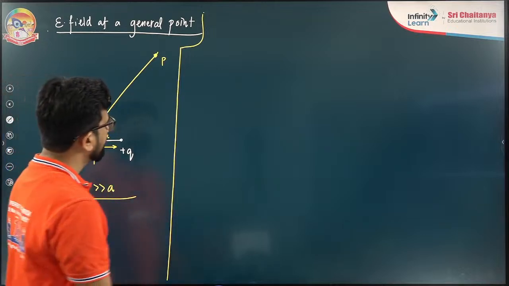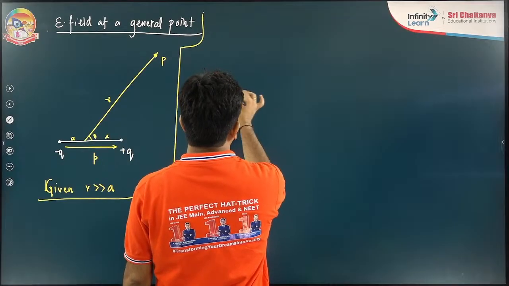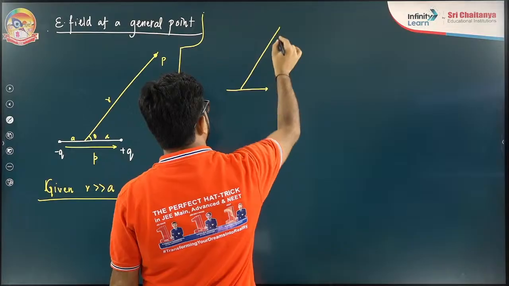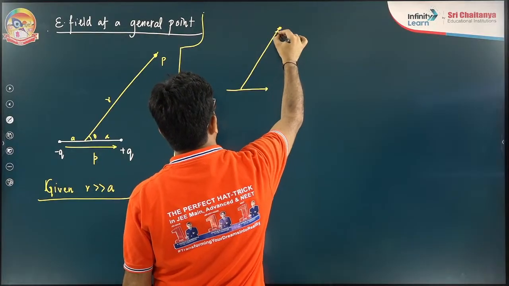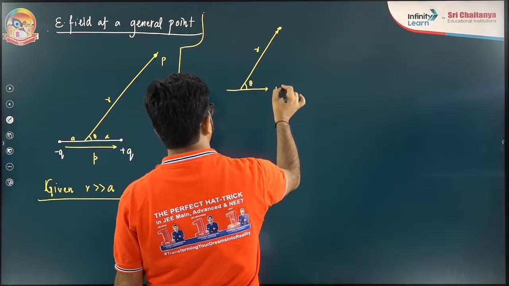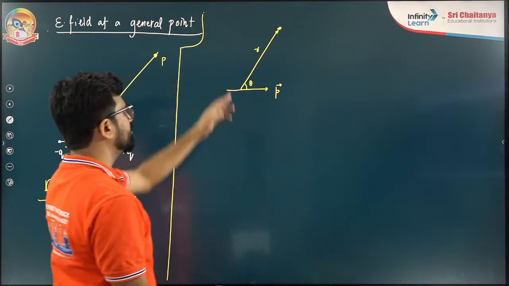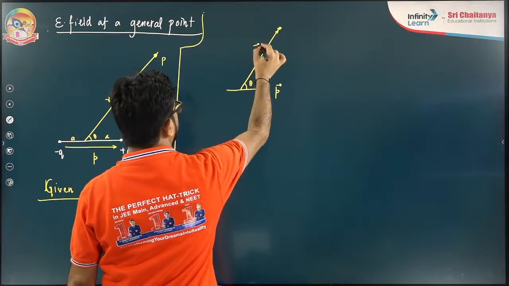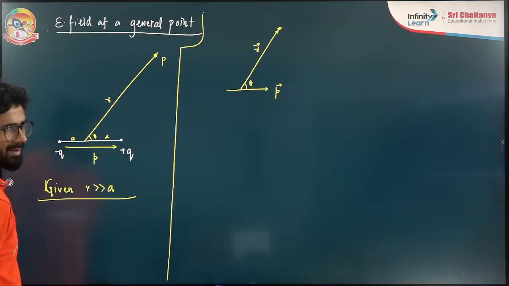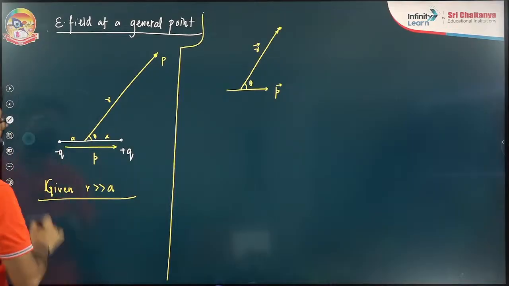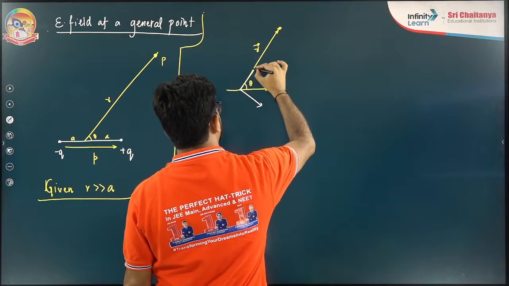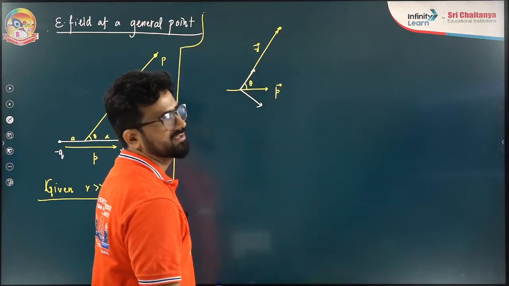I am writing again. This was the P, beta, and this was the R position. This is the R vector, and this angle is theta. Now we have to take the component of P in two directions: one along the R and one perpendicular to R. So I am putting it like this, two directions.